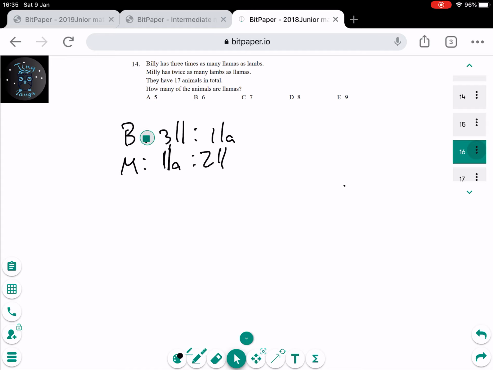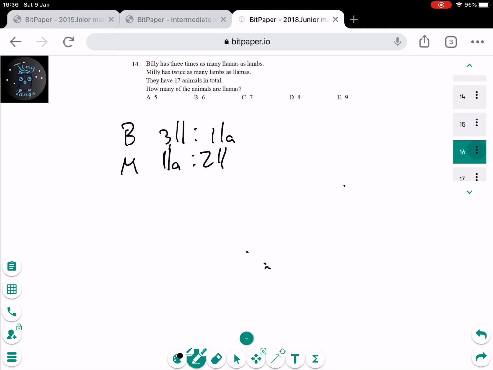Not the dots over there. So that's B. And yeah, so it's like units again, like our previous question. And also note that these aren't the same.